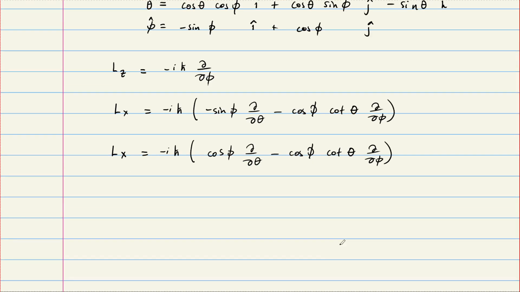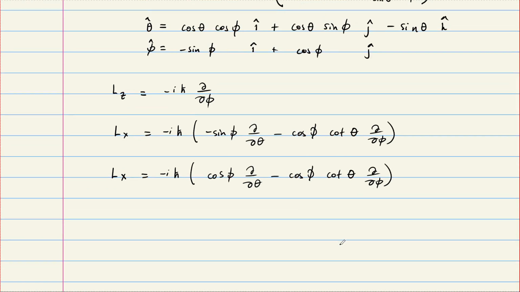You can also, right, these are what we started with. We can also calculate L plus and L minus. This is like Lx plus i times Ly, and they are something like this.